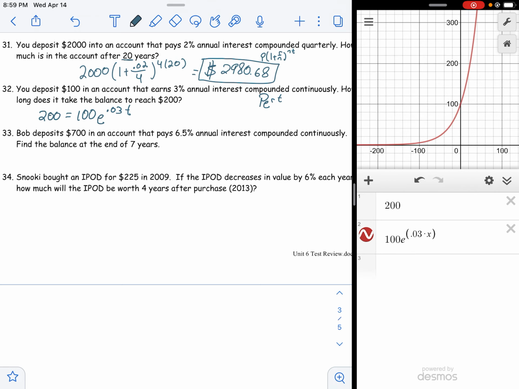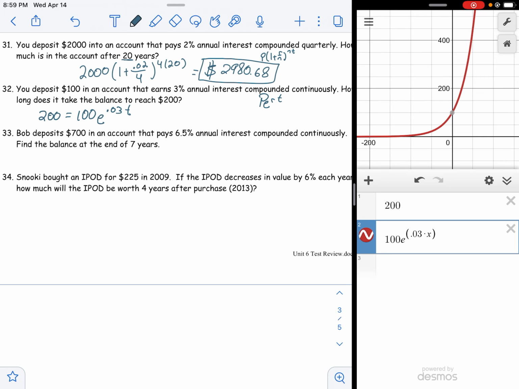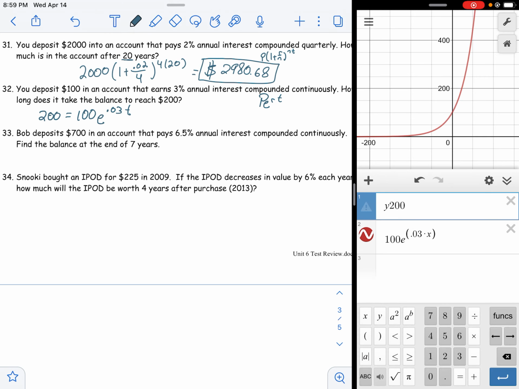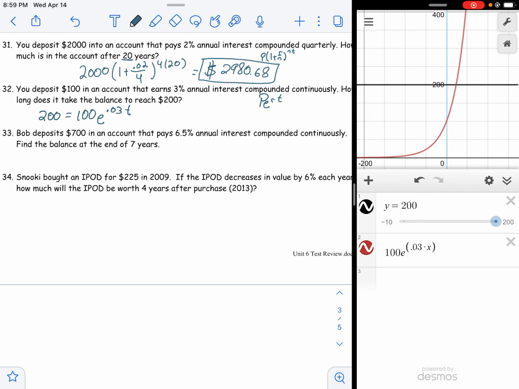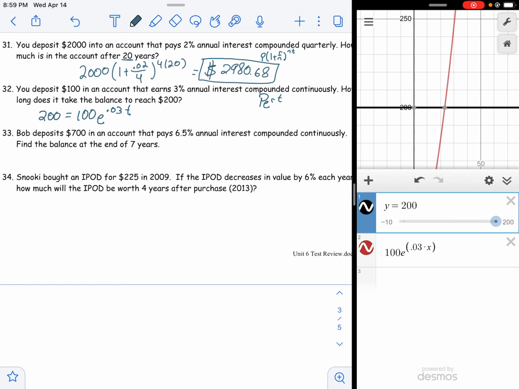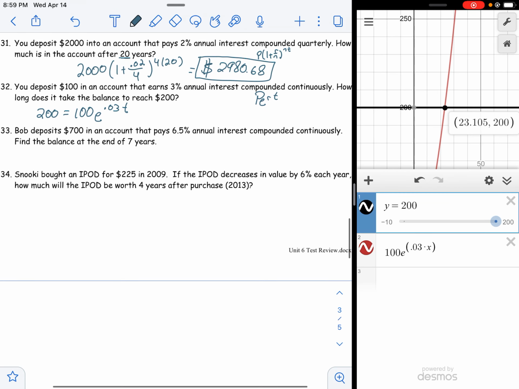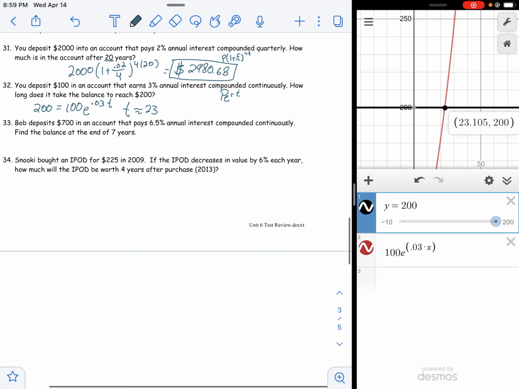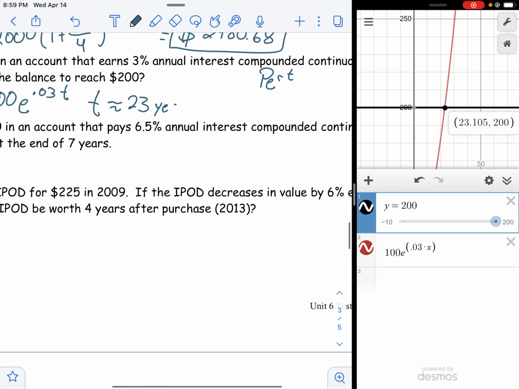Okay, scroll out just a little bit so we can see this. Oh wait, I need to put y equals here because we're in Desmos. So our t value is approximately 23 years.